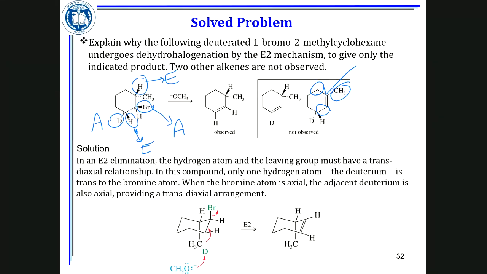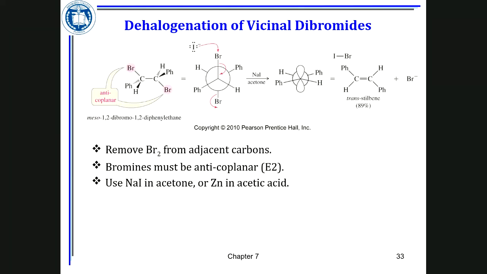That's why this product is the observed product. So since this product is observed, it's going to prove that this diaxial is a big deal, and the abstraction of hydrogen should come from the axial position, because bromine is in the axial position. And bromine, if it's in the equatorial position, has to change to axial position before it's being abstracted.